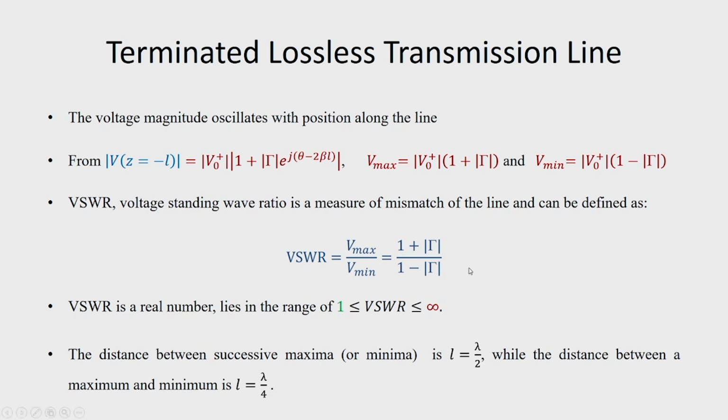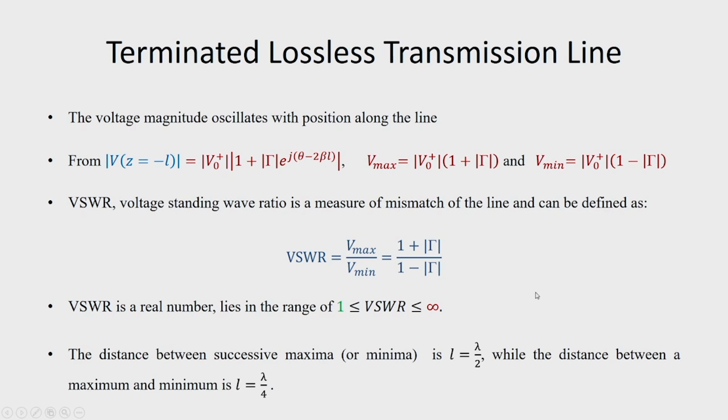Please note that a line terminated to a short circuit or an open circuit represents such condition when VSWR becomes infinity, because in both the cases mod gamma will become 1 and VSWR will approach infinity.